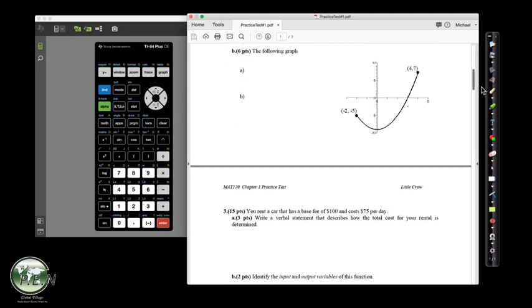Same thing in here. Is it a function? So the B part, the following graph. Is it a function? And if so, get the domain and range. Okay, so this is a graphical look, domain and range. So is it a function? The function's determined by the vertical line test.